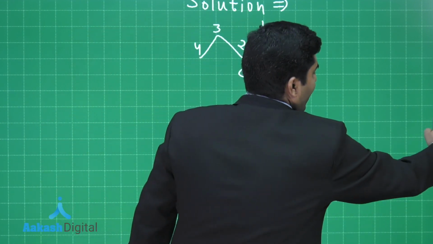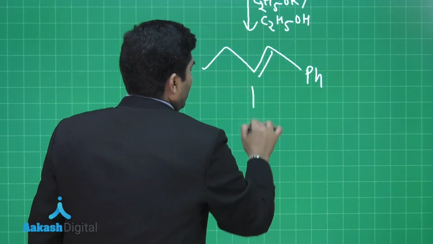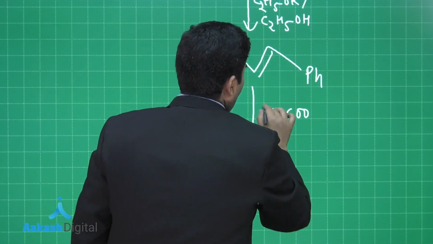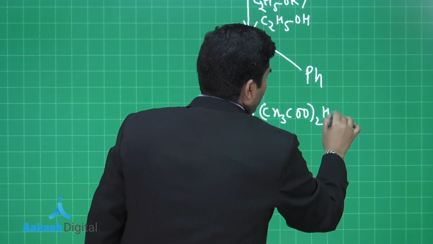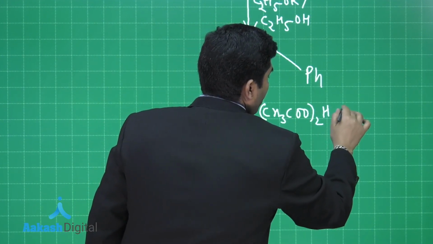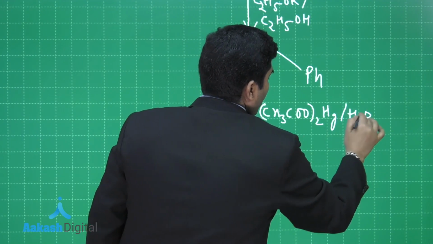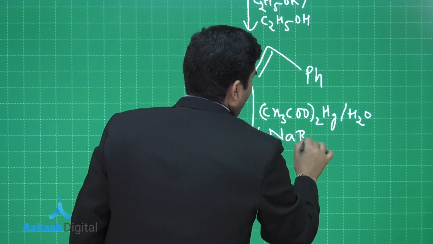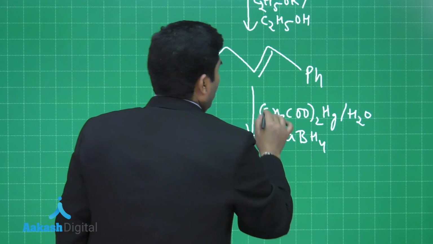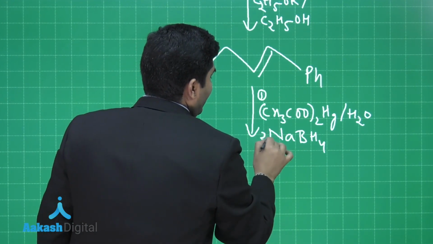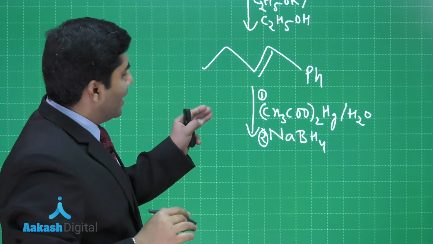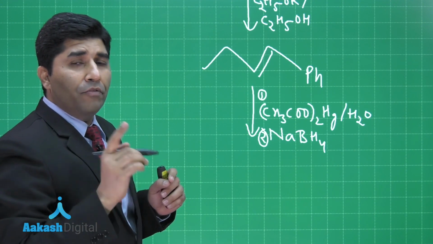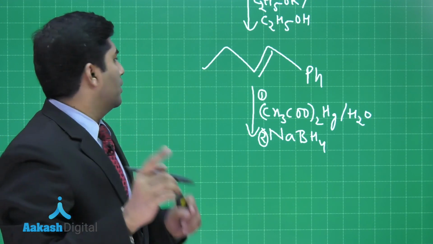Now after that he is adding mercuric acetate in this. So this is (CH3COO)2Hg and water, and it is followed by NaBH4. So this is the first step, and in the second step it's doing this. Now this reaction is called oxymercuration-demercuration, and in the case of oxymercuration-demercuration we get the Markovnikov's product, right?